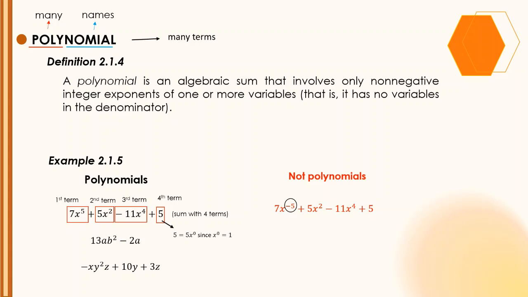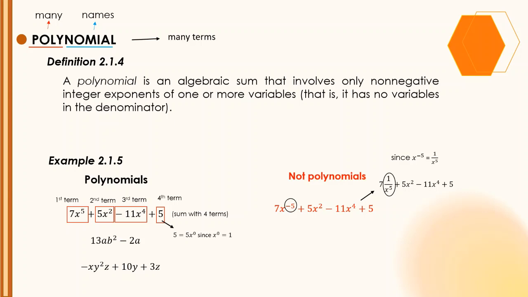So hindi kasali ang negative numbers. Please take note, these expressions can be equal to this one. Why? Ang nangyari dito, ibinaba natin ang x. Kasi, x to the power of negative 5 can be equal to 1 over x to the power of 5. So, kung may exponent kayo na negative, ibaba nyo lang ang variable na yun at tanggalin ang negative.